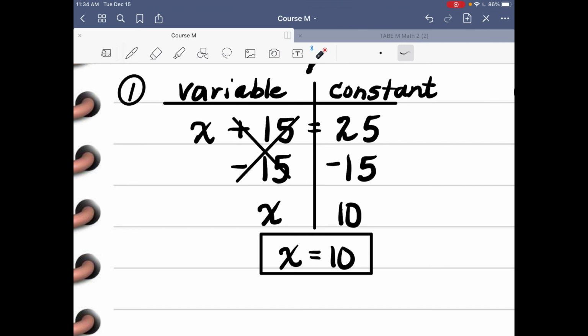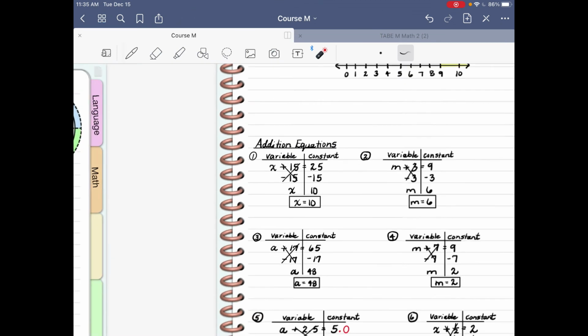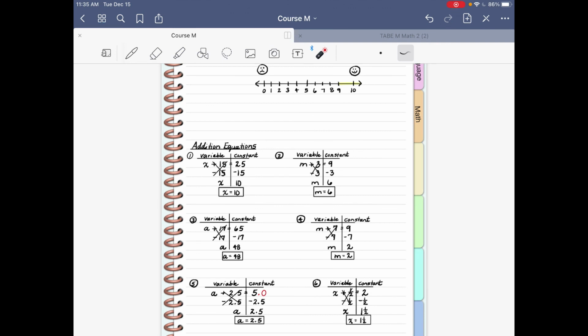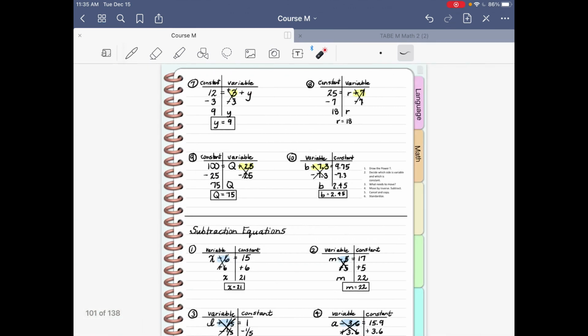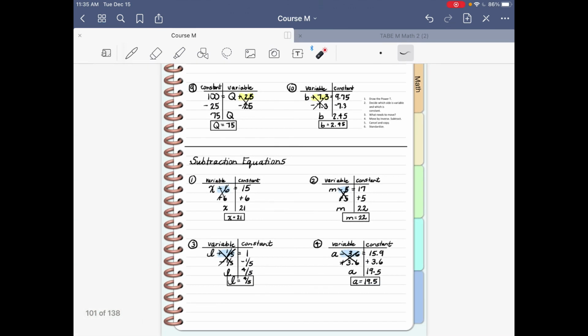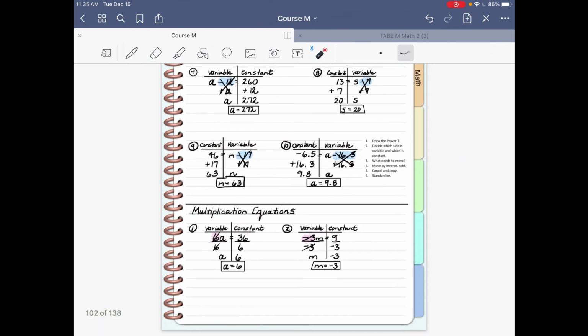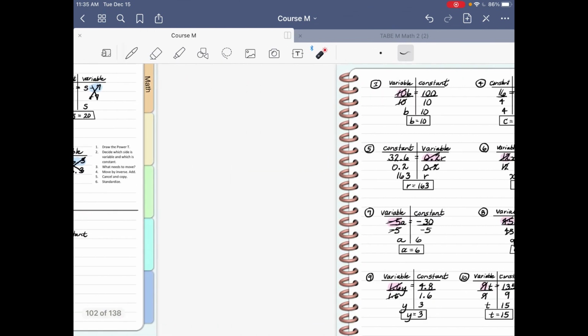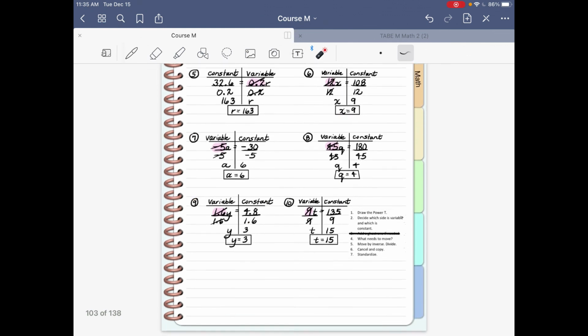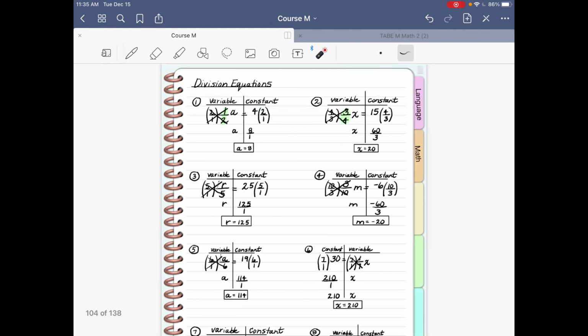And at that time you might have been thinking, I will never ever get this. This is so complicated. And it was, because it was new. And we went through subtraction equations, and then multiplication equations, and division equations.